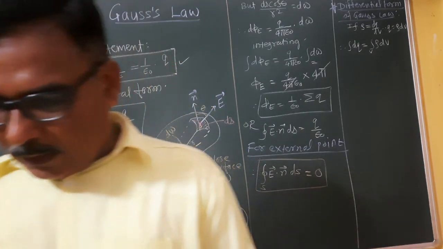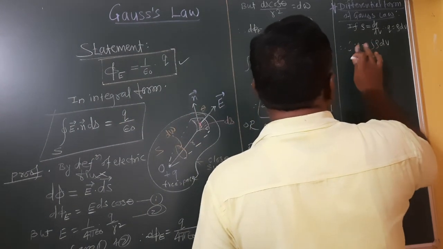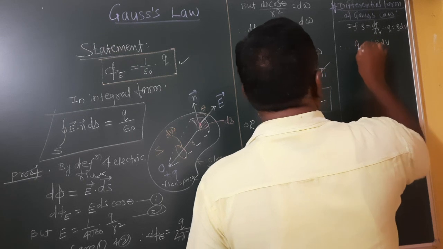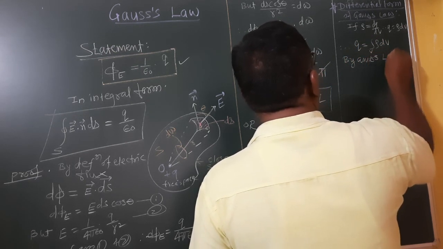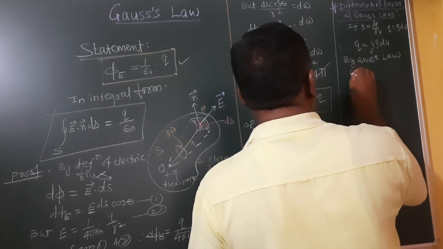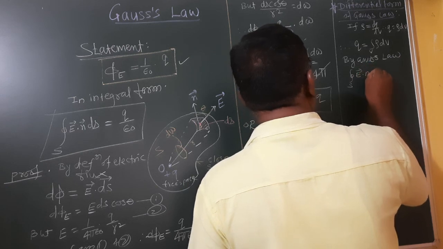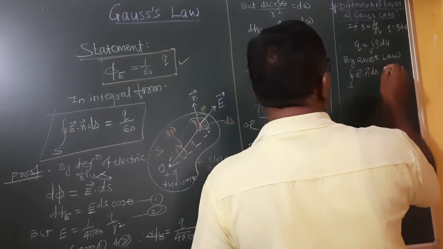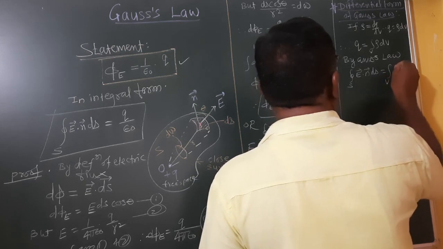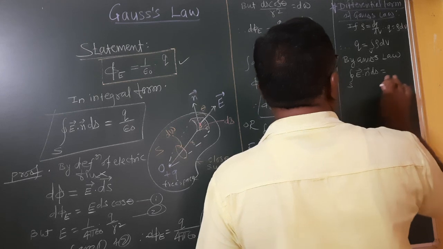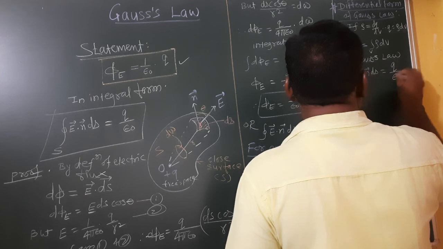Then by the Gauss law, surface integration of E bar dot n cap into ds is equal to q upon epsilon naught.